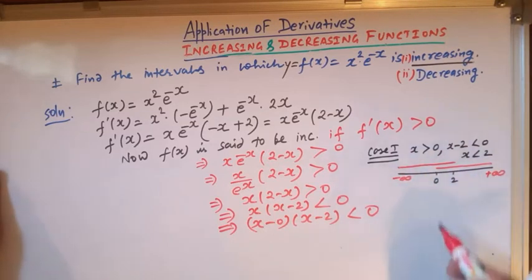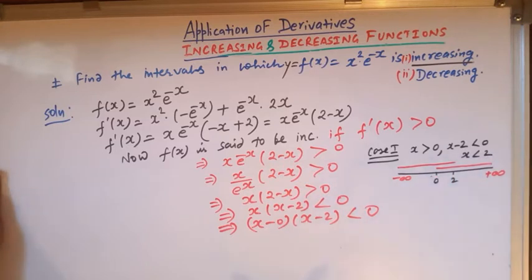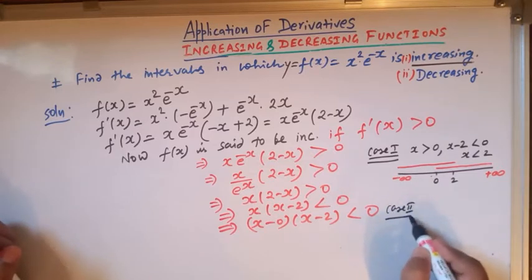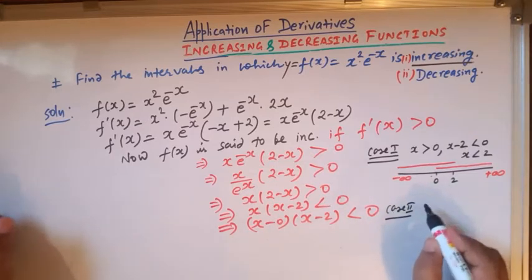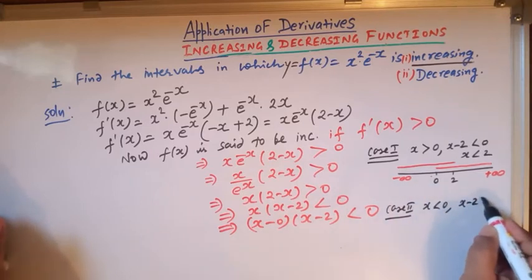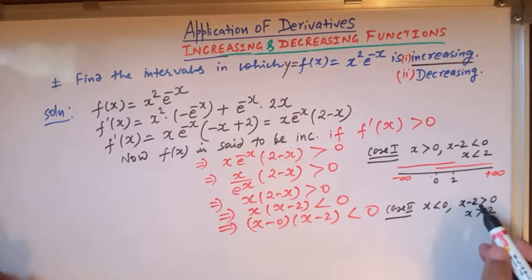And both these points are not included. Now case 2: x is less than 0 and x minus 2 is greater than 0. So here we have x greater than 2 if we solve this inequality.